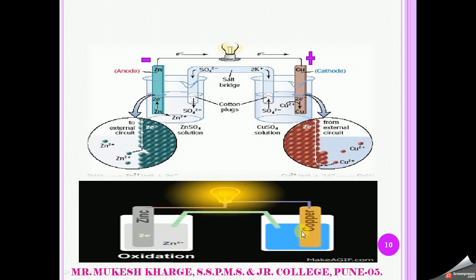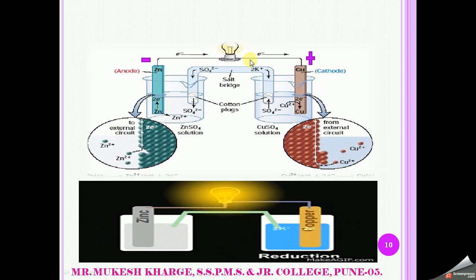Here it is copper. So Cu2+ from solution gains those 2 electrons and gets converted to Cu. See the diagram carefully. Zn loses 2 electrons and gets converted to Zn2+ ion.